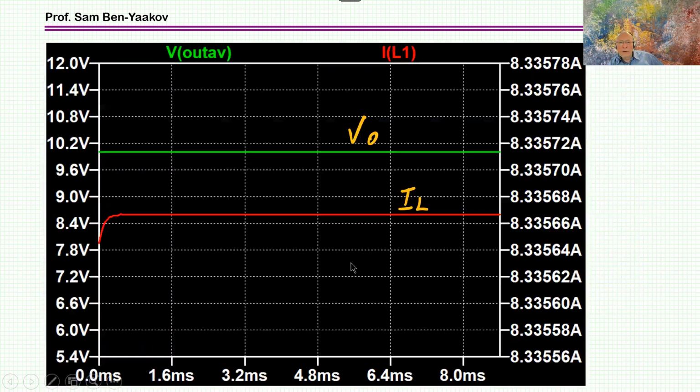I'm showing here just a run in the time domain to show the output and the inductor current, and to emphasize that we are in the average domain. We don't see ripples. Everything is smoothed out.